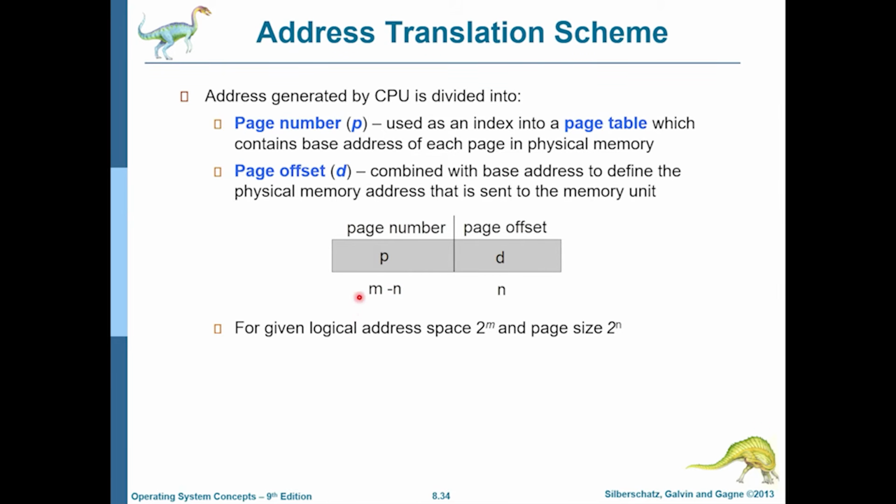There can be 2 to the power m minus n page numbers, and the table has information about those pages, as in where the page begins, whether the page is valid, whether we can read, write, execute, different things that we saw in the segment table entries. Similar things can be there in page table entries, and page table entries go into page tables. And if m minus n bits are used to signify page numbers, there can be 2 to the power m minus n entries in a page table.